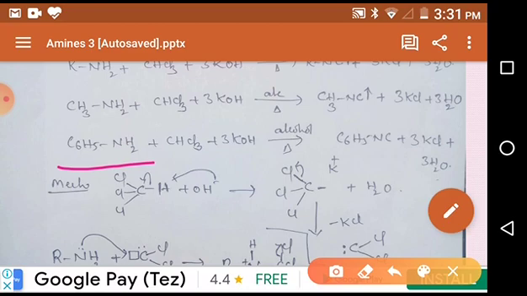Aniline, aminobenzene. It is also a primary amine, but it is an aromatic amine. Aliphatic and aromatic primary amines also give this test. So aniline with chloroform, and only a very small amount of chloroform is required. When you take 2 ml of aniline, add 2-3 drops of chloroform and 1 ml of alcoholic KOH, which is enough.